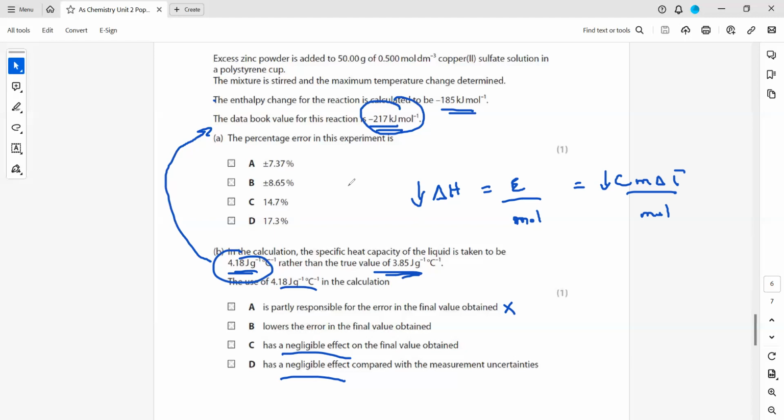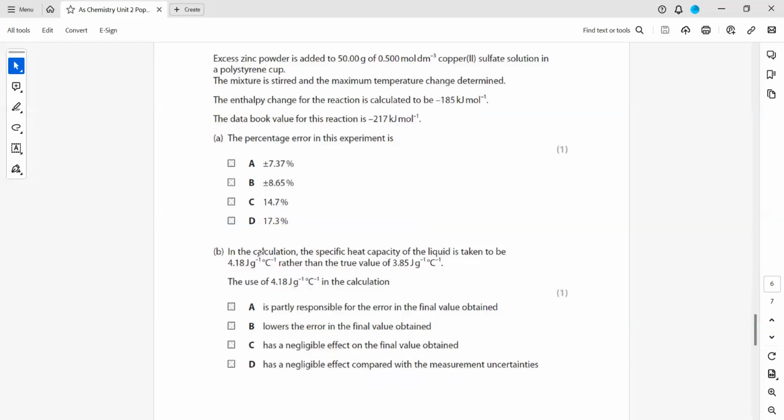So what will happen if we use this value, how will the variation change? So when you check the values here, in the calculation the specific heat of a liquid is to be taken as 4.18 rather than the true value of 3.85.